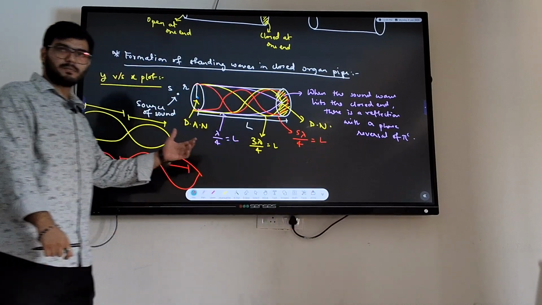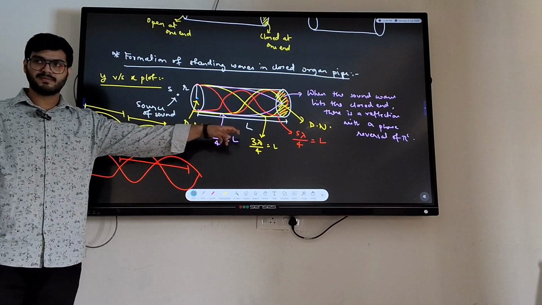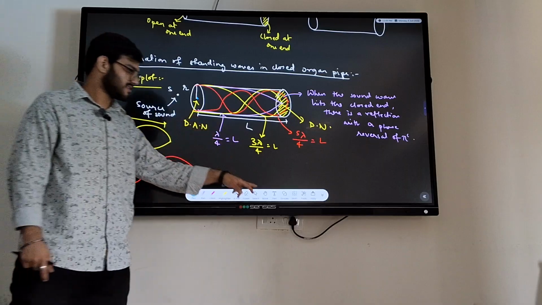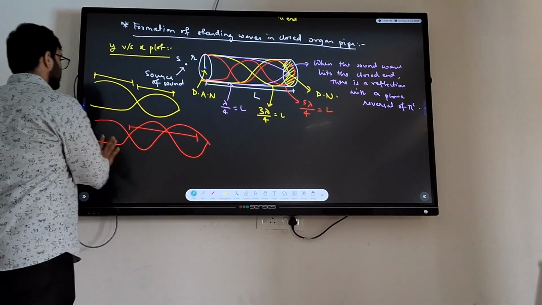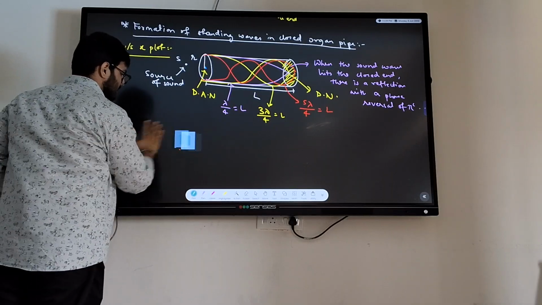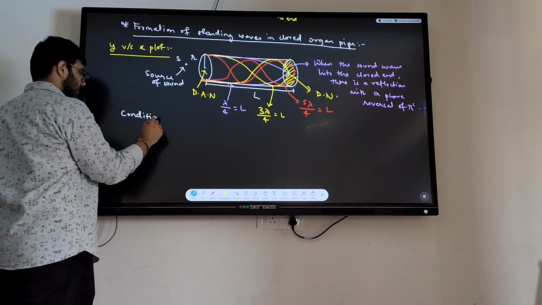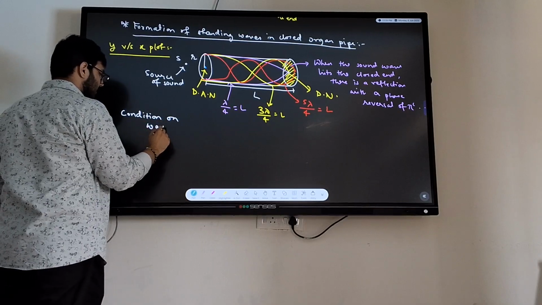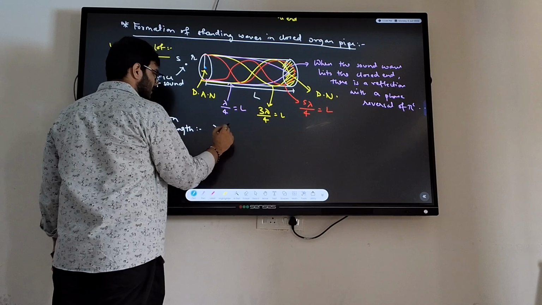I am just making all possible waves that can form in this cylindrical thing. Then can you generalize? What is the general result then for any nth harmonic? So the condition on wavelength should be equal to lambda n.